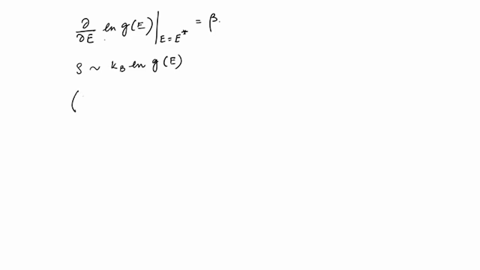Hence this log of g can be replaced by S, and we get del S/del E at E equal to E star, and let us call this E star to be equal to some U, some energy. This is at T, which is nothing but equal to 1/k_B beta.